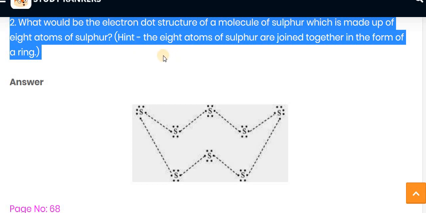Here the hint is given: we have to draw the structure in the form of a ring, meaning a closed structure, and this kind of structure is known as a crown structure. There are two kinds of isomers of sulfur: one is rhombic and the second one is crown. So this comes under the crown structure.